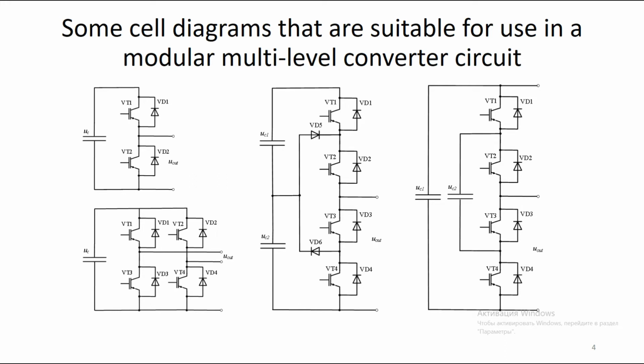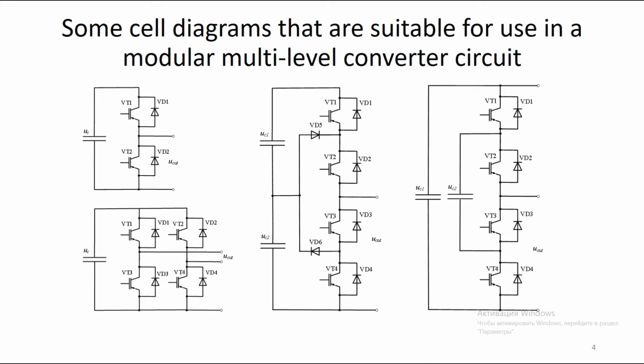In addition, scientists are constantly developing new schemes that are certain combinations of existing options. The main disadvantage of the circuits with cascaded H-bridges is the need to use a phase-shift transformer to obtain several galvanically isolated DC sources.